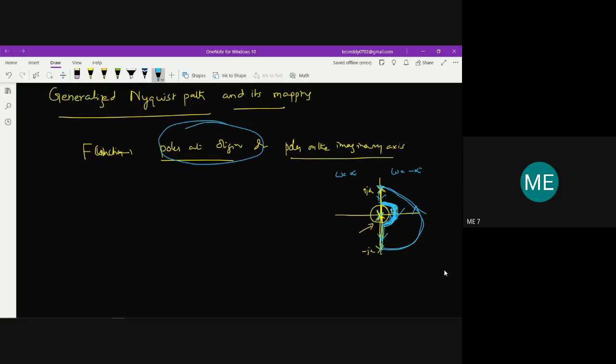Say, for example, the path will not pass through the pole at the origin.